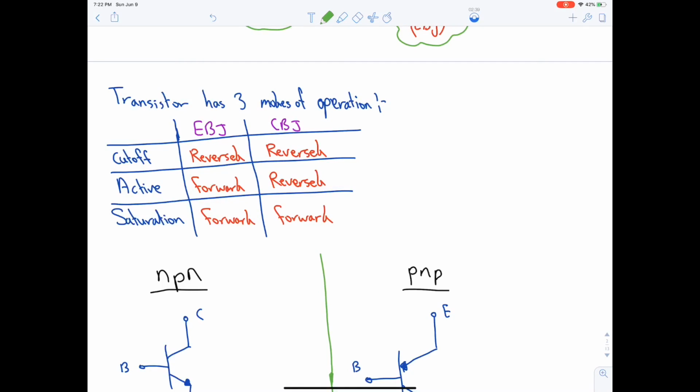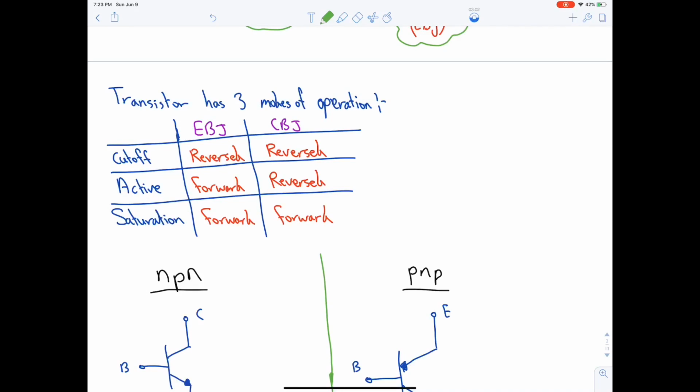The active mode is the one used if the transistor is to operate as an amplifier. Switching applications like logic circuits utilize both the cutoff mode and the saturation mode.